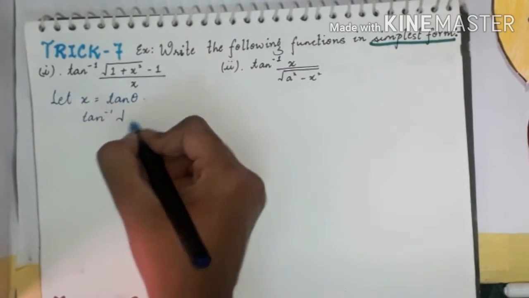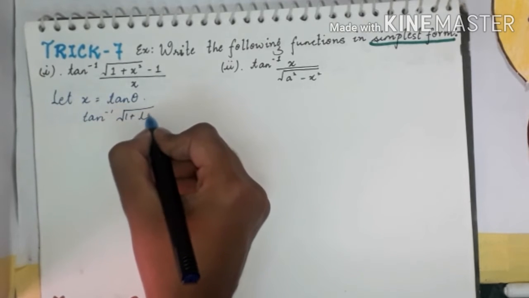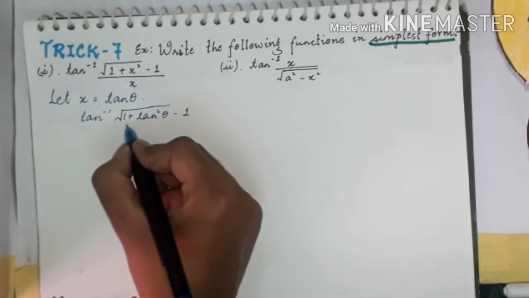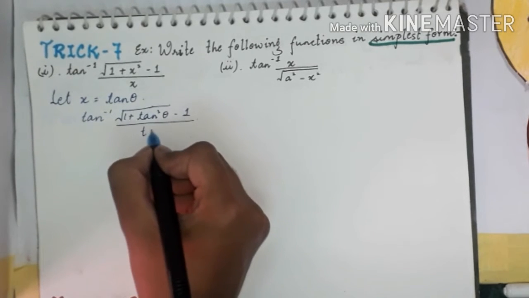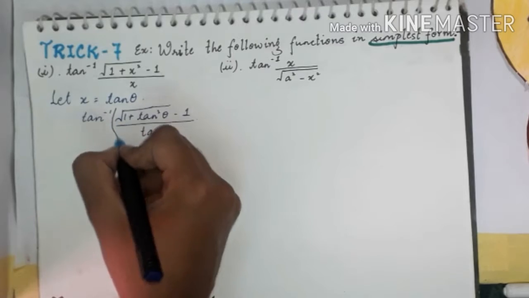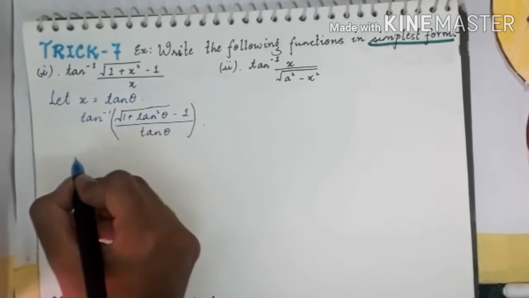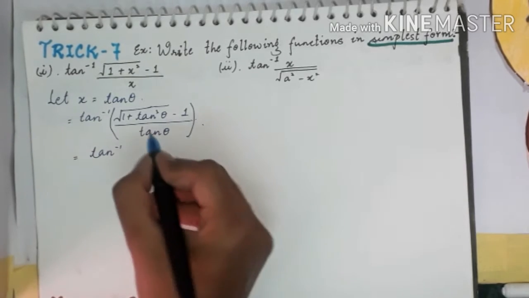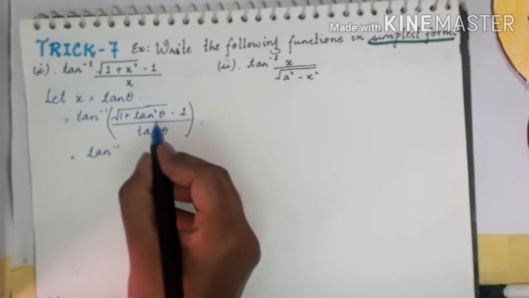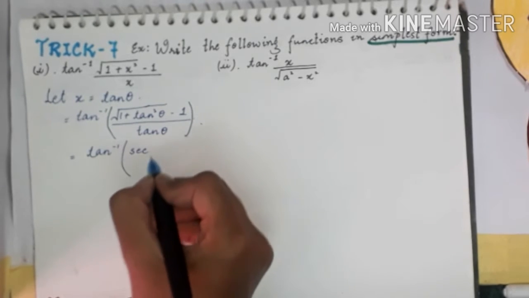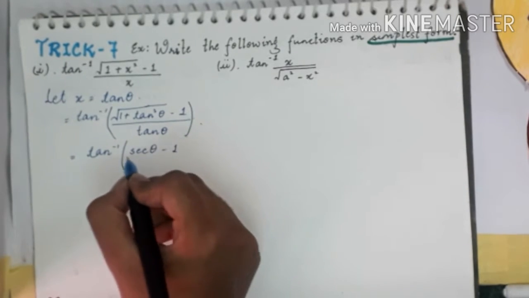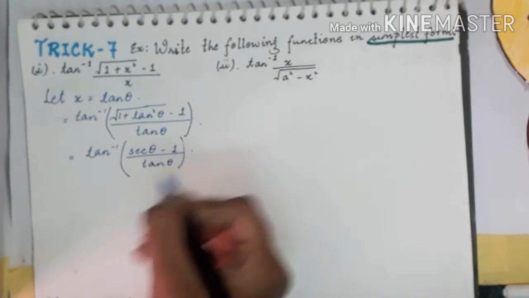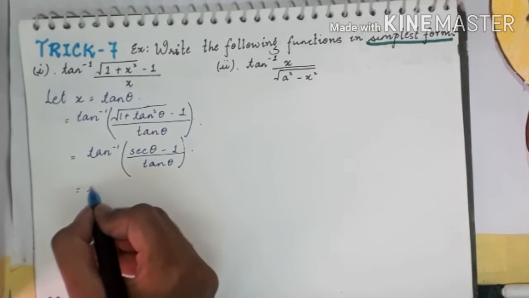See, tan inverse under root 1 plus tan square theta minus 1 upon tan theta. You have to simplify it. Now see, in place of this you can write sec square theta and it will become sec theta minus 1 upon tan theta. Now how will you solve it?